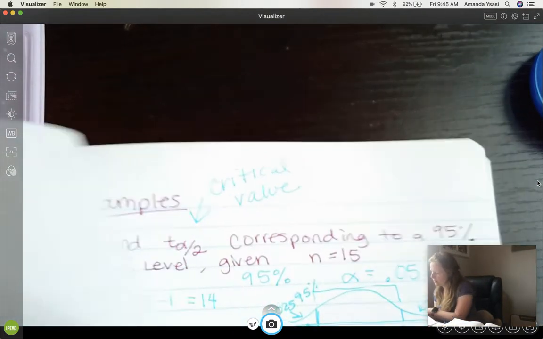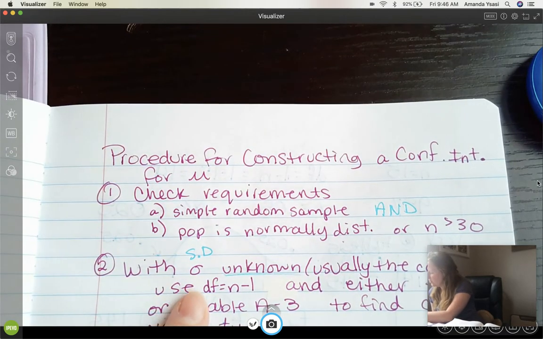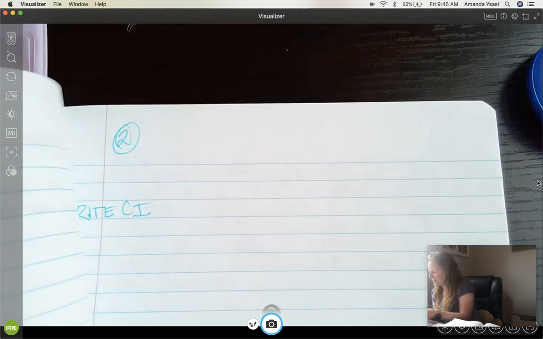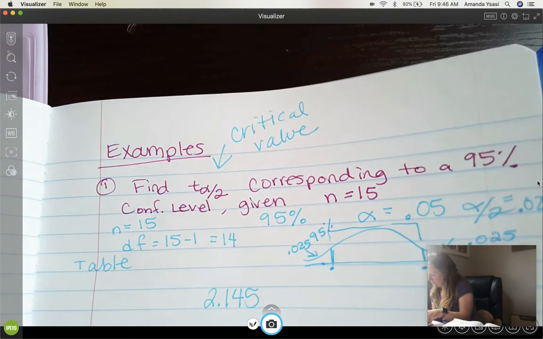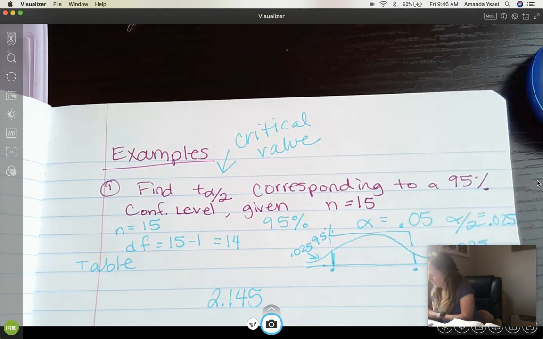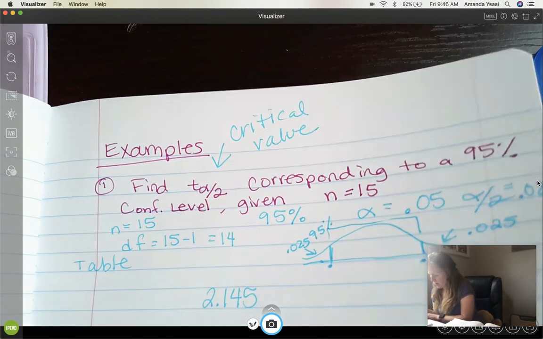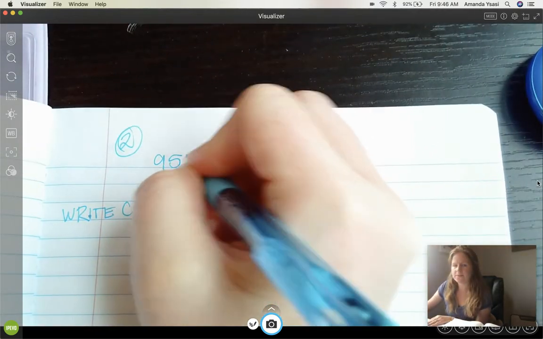So back at our notes, number 2 says, with our standard deviation unknown, but don't we have the standard deviation? Okay. So what we want to do is we're doing 95%.